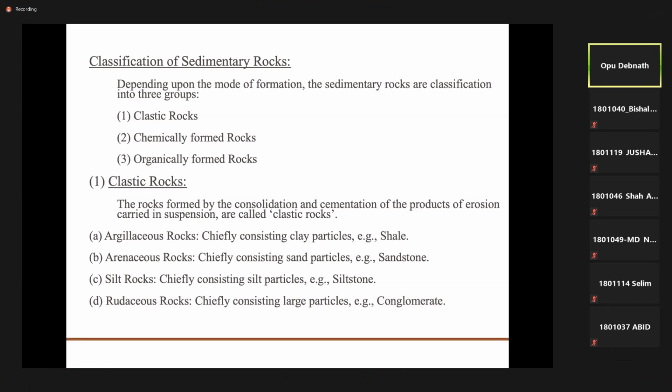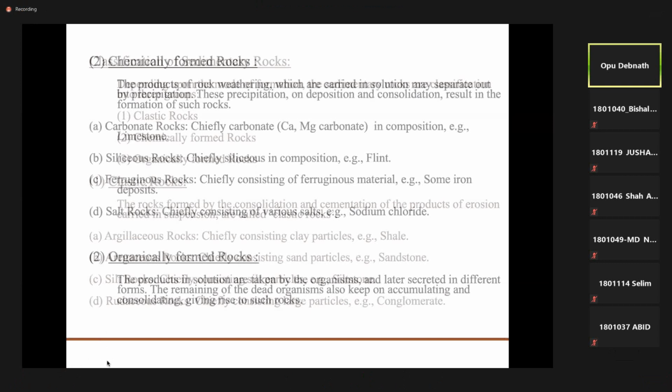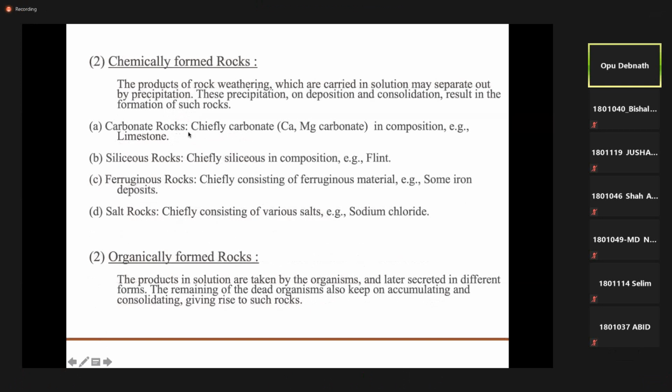Clastic rocks, and in the next category, the products of the weathering materials, that means the sediments which are carried through a solution, may be separated by precipitation.